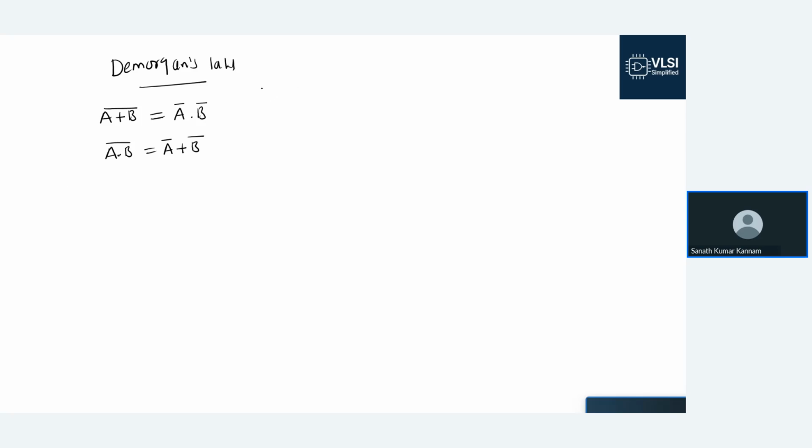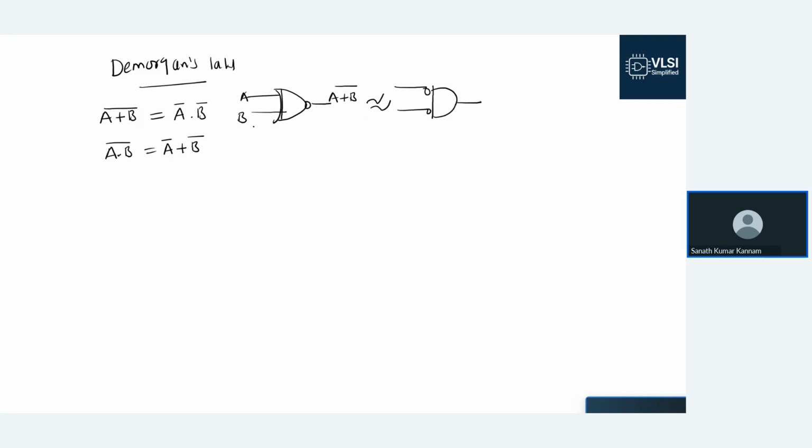So I can draw the diagram like this is nothing but NOR gate. So that means A, B. Here you are getting A or B whole bar. Okay, this is equivalent to what? This is equivalent to bubbled AND, with A bar and B bar.